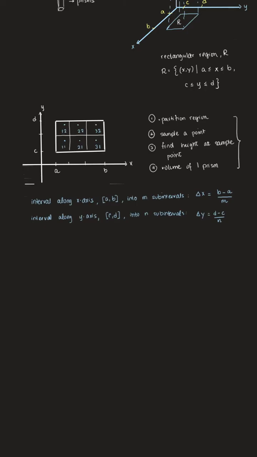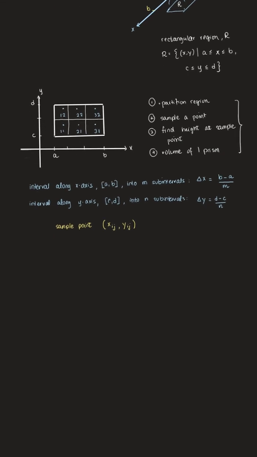Okay, now for each sample point in each rectangle, we'll denote it with a subscript ij, where i is the ith subinterval along the x-axis, and j is the jth subinterval along the y-axis.